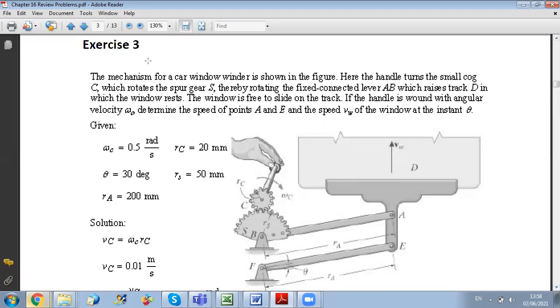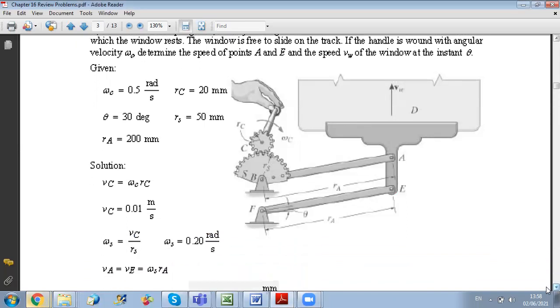So let us look at the figure here. What do we know in this figure? First, you have a small head mechanism that is used to open and close windows in old cars. First, you have a small gear on which you can impose angular velocity omega C by just putting your hand and turning.